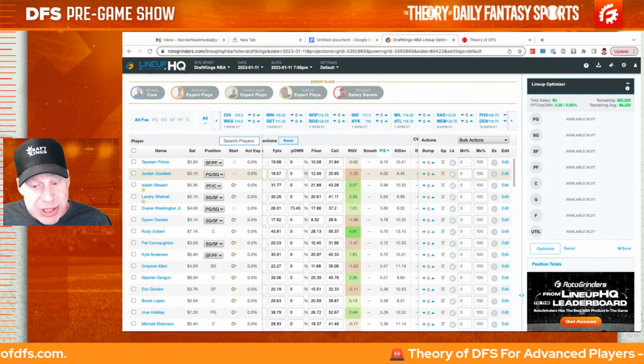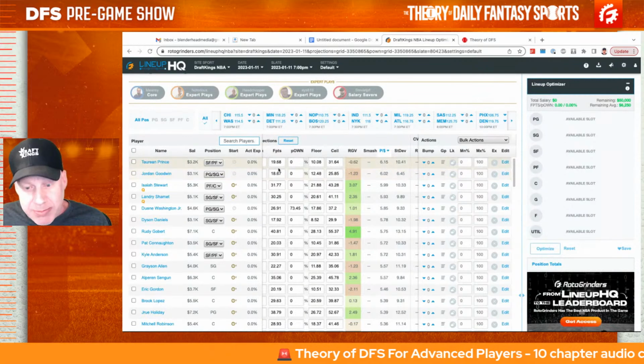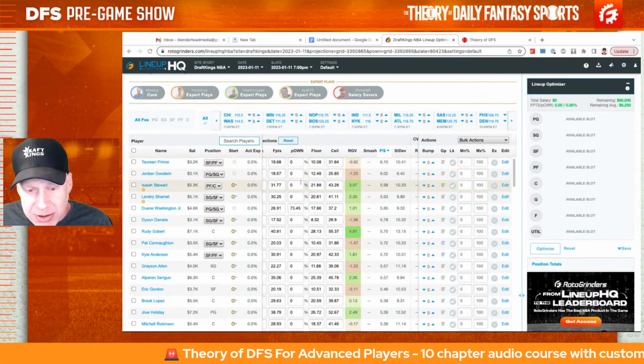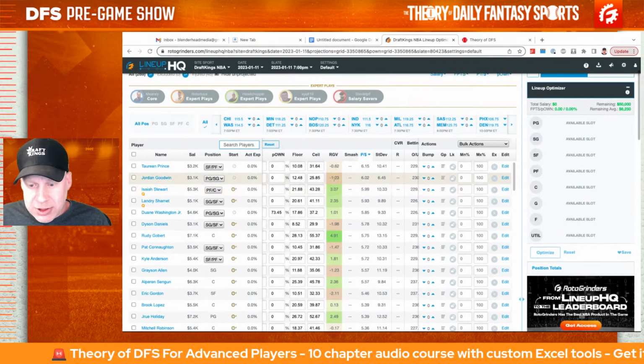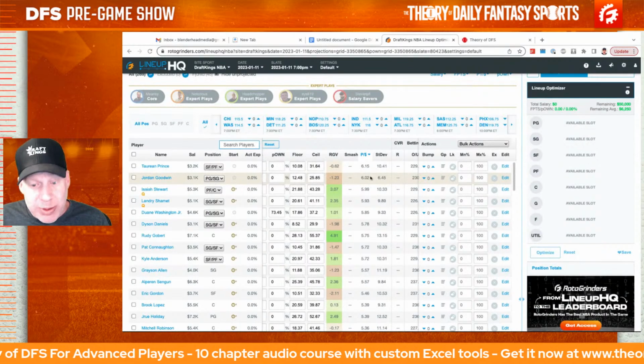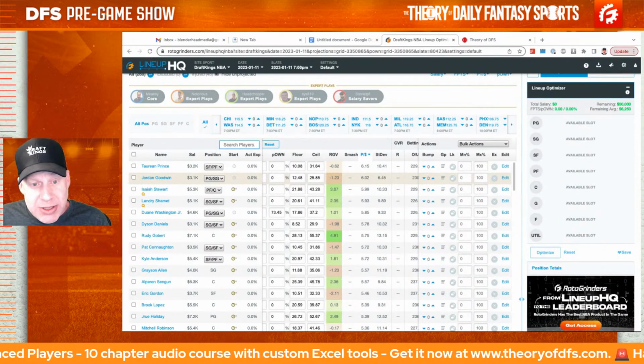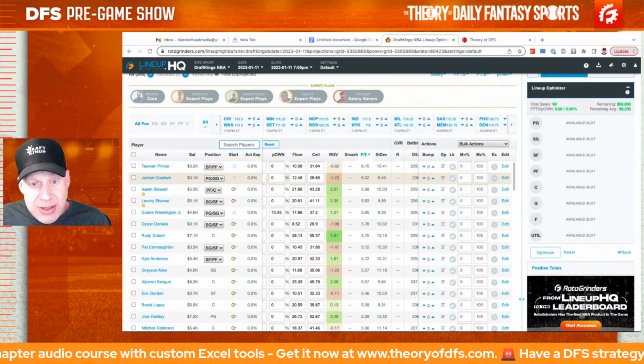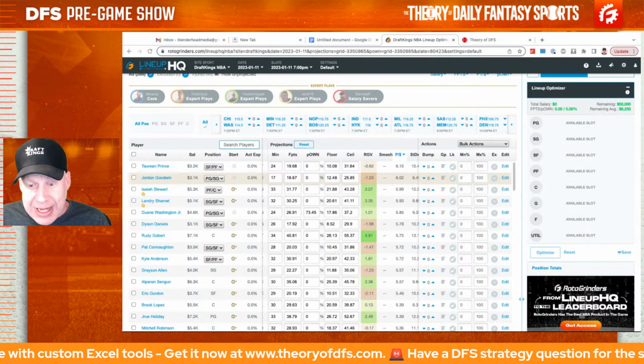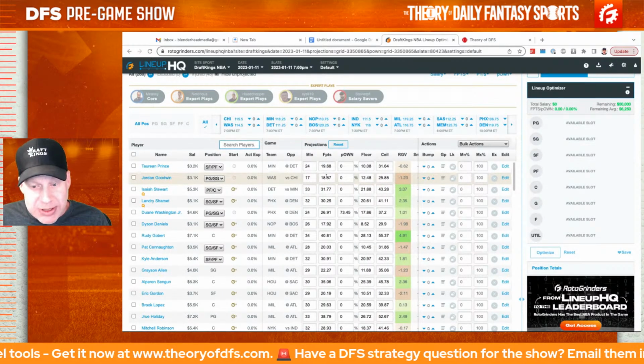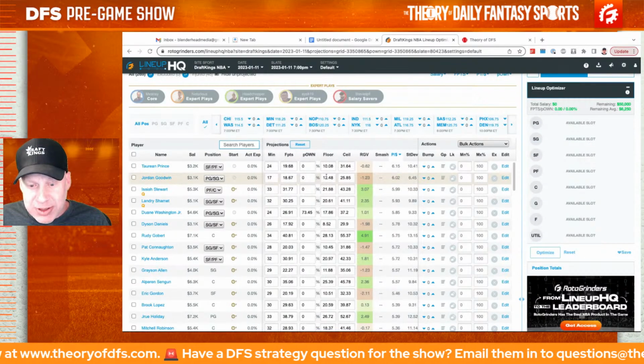This is related to the projections without being part of projecting a player. So we take a look here. It's point per dollar, which means how many points relative to the salary. We see Torian Prince up here, 3,200.